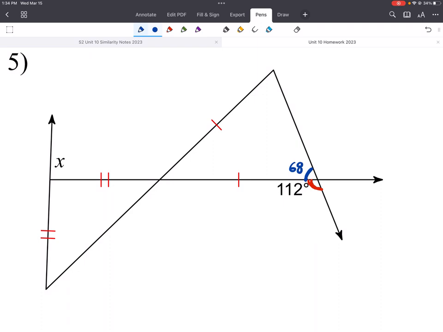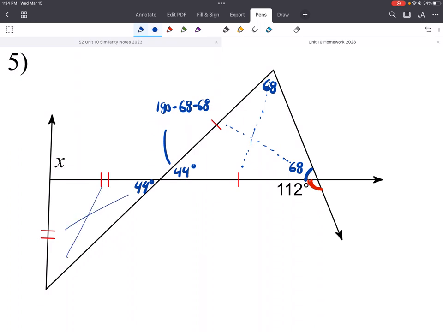Okay, and then we kind of talked about these symbols. Those are isosceles, which means that the angles that are across from those sides are congruent. So this is 68. And then we know that the angles add up to 180. So this has got to be, if you do 180 minus 68 minus 68, I think it should be 44. Okay? This is a vertical angle, so this is 44 as well.